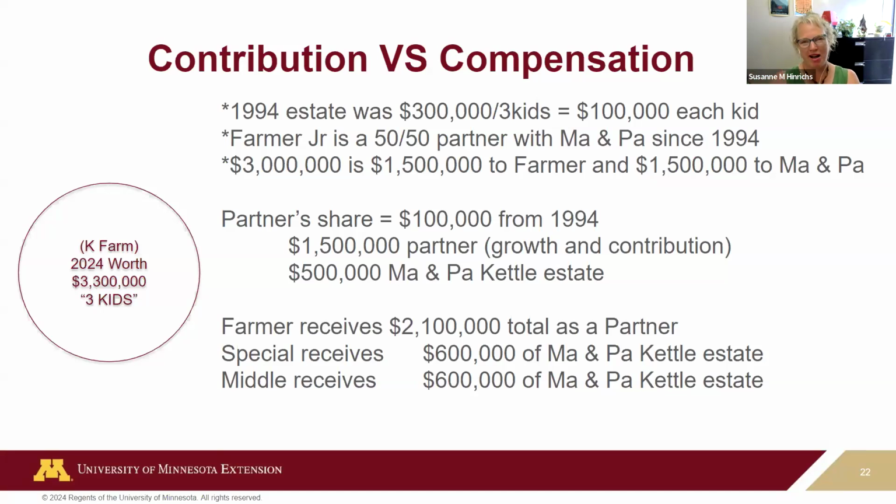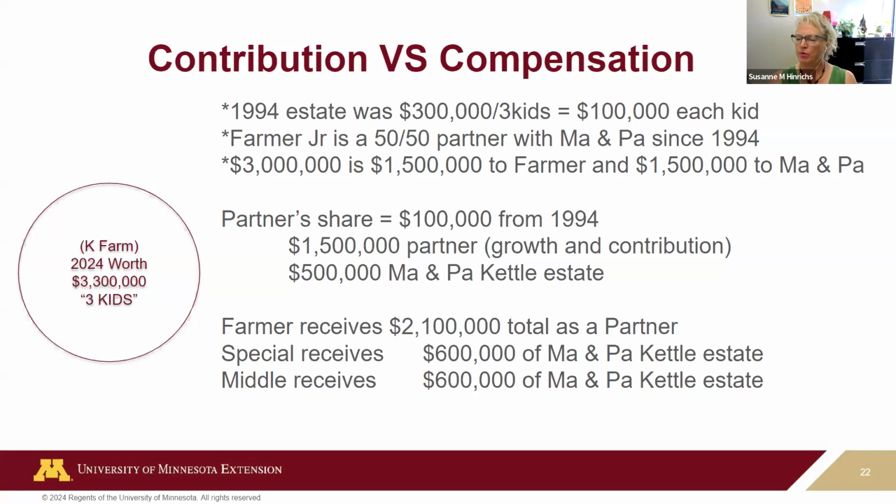So what Ma and Pa here have thought to do is that Farmer Jr. is going to continue on with his share of the farm because he is a partner in that farm. So that's 1,500,000. Farmer Jr. receives 2,100,000 total as his share because he is a partner in that farm.